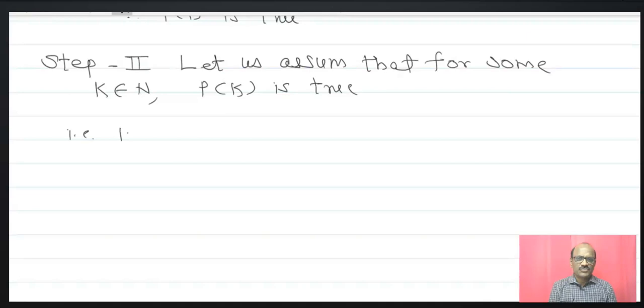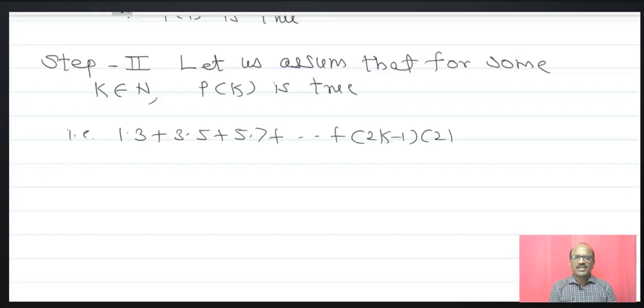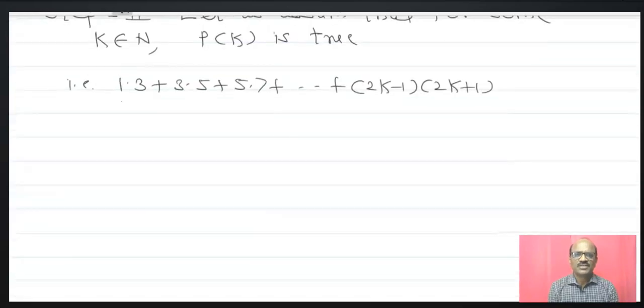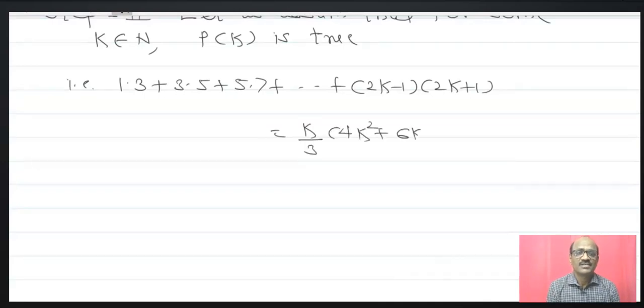P of k is true, that is n is replaced by k. 1.3 plus 3.5 plus 5.7 plus dash dash (2k minus 1)(2k plus 1) equals k upon 3 (4k square plus 6k minus 1). For every problem, the same dialogues are there. This is 1.